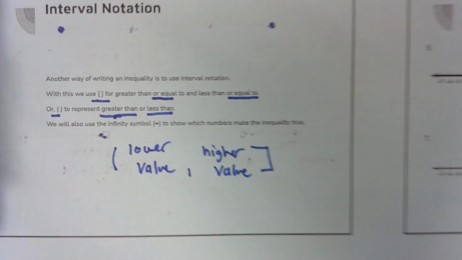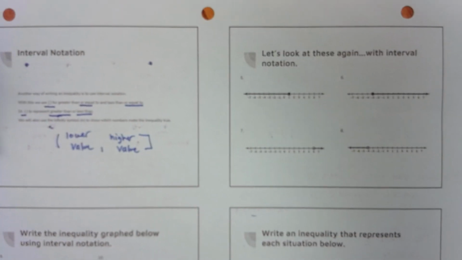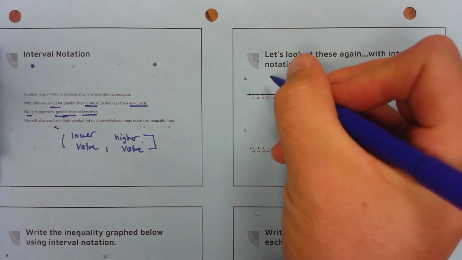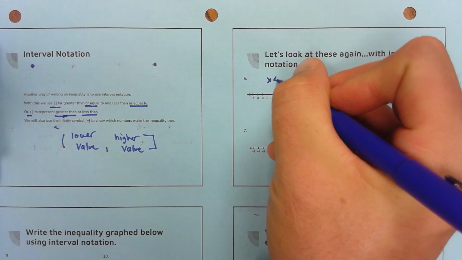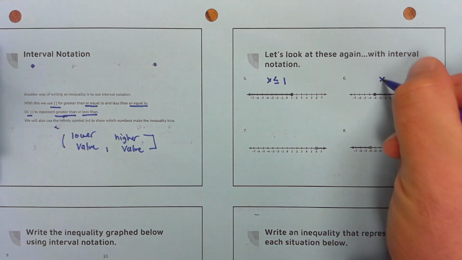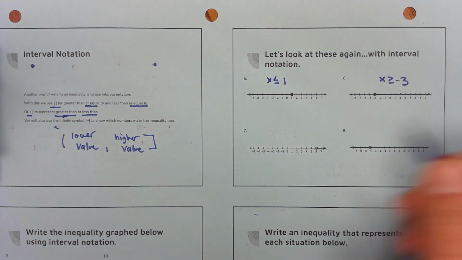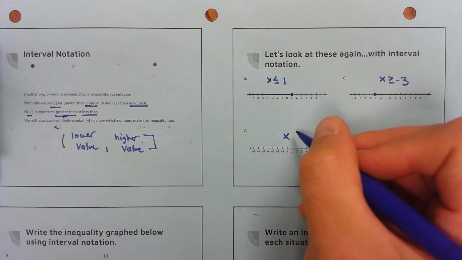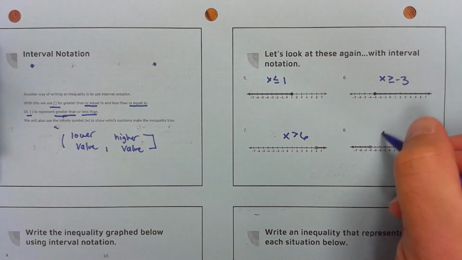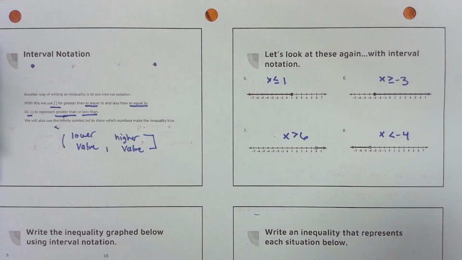And so these are the same number lines that we had just written the inequalities for, where we had said that x is less than or equal to 1, x is greater than or equal to -3, x is greater than 6, and then x is less than -4. So that is the inequality portion.